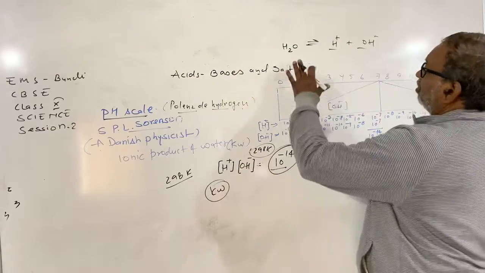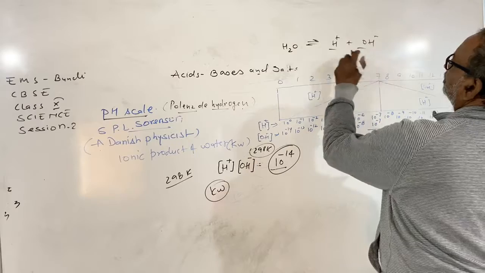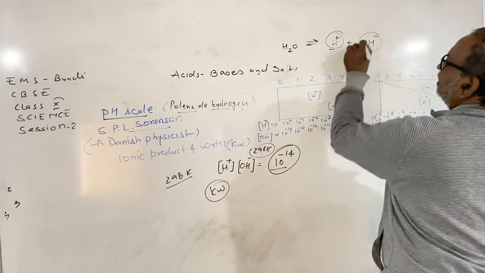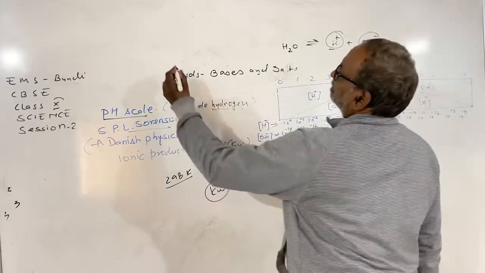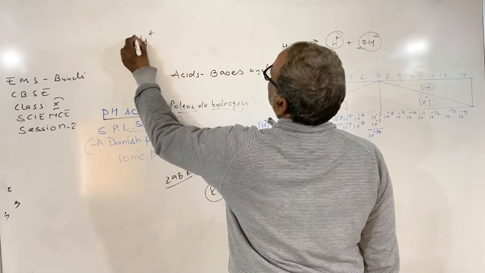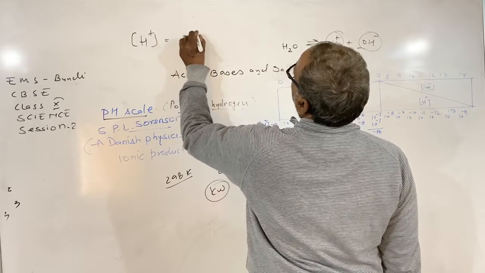Now, water dissociates to produce hydrogen and hydroxide ion. These ions will be present in equal concentration. It means the concentration of hydrogen ion is equal to the concentration of hydroxide ion.